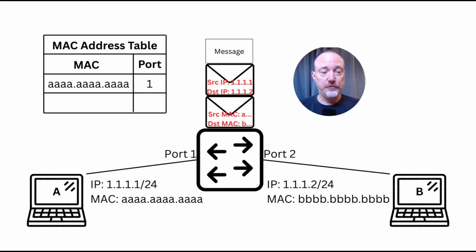Now, if the source MAC address is in the table, but it's assigned to a different interface, that's another situation altogether. Let's say we get that frame in on port 1. The switch looks in its MAC address table, sees the MAC address of all A's is mapped to port 3, but it received this on port 1.